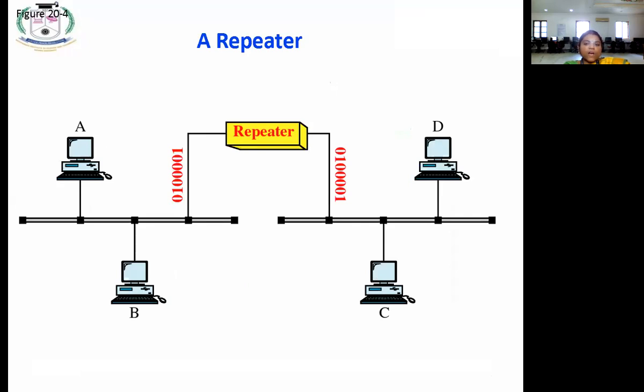See here, we have the repeater, the input, that is port 1 of the repeater, is receiving the message 10000010. The work of the repeater is just to repeat what it gets. It's not going to amplify, it's just going to repeat what it is getting, provided you fix repeaters at regular intervals, in such a way that there is not even a single possibility for any kind of corruption or addition of noise to the original signal.